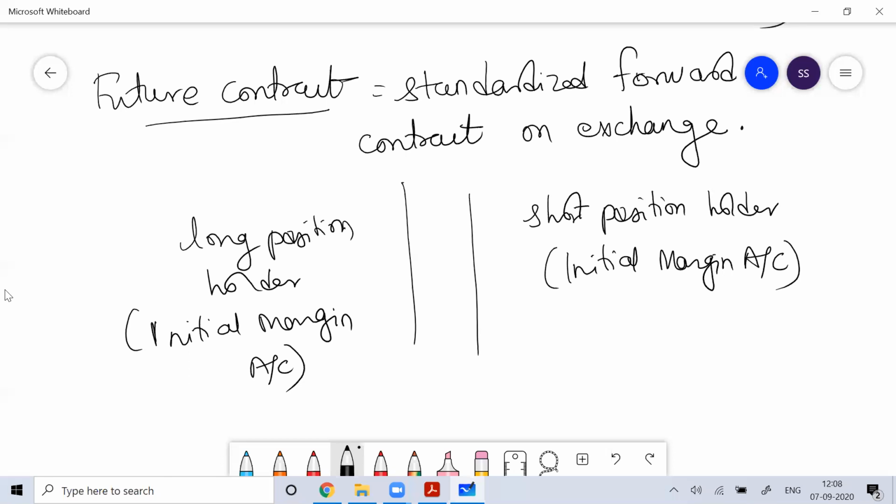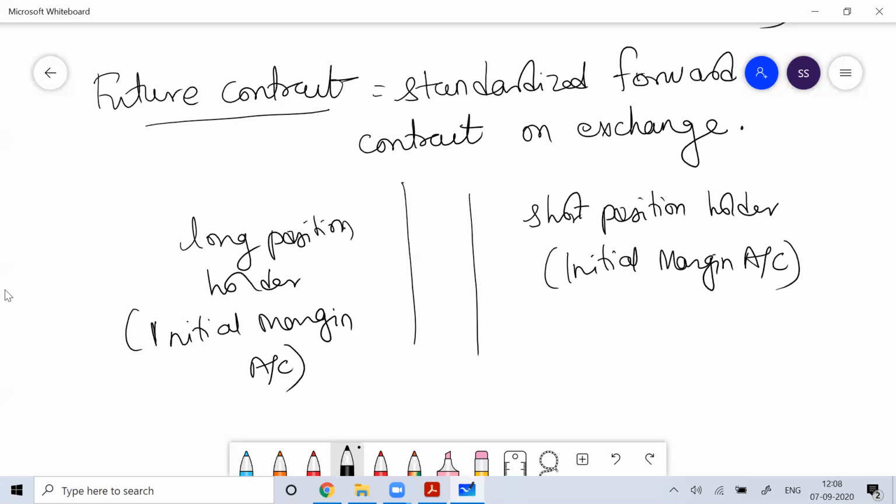That much is calculated as the initial margin, and both long and short position holders have to deposit that amount with the exchange when the futures contract starts, in the initial margin account which they maintain with the exchange.